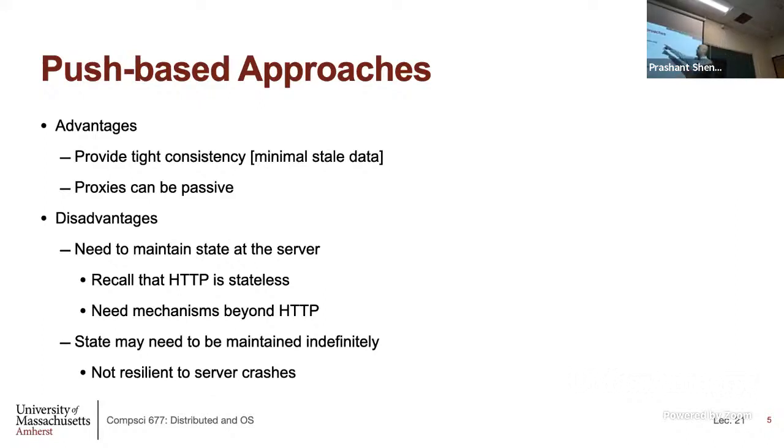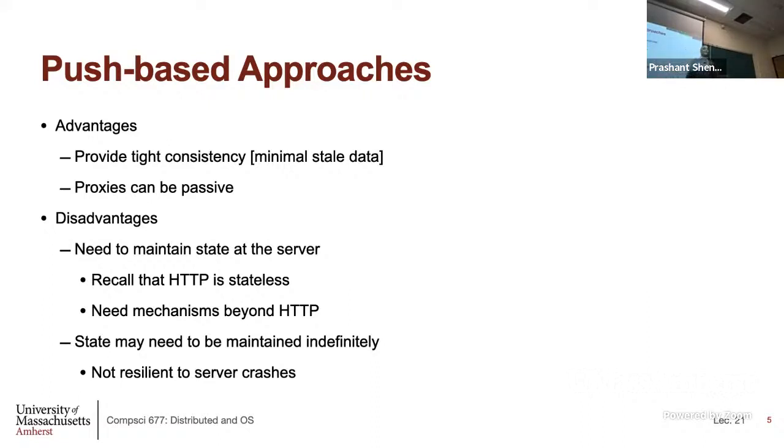So the big advantage of this approach is that it provides tight consistency. It's not strict consistency because, as I just said, strict consistency would mean that as soon as the page changes, instantaneously you have to tell the proxy, but there is no way to do that. You still have to pay for the time it takes for a message to propagate on the network to get to the proxy. So it's tight but not strict, with minimal stale data.